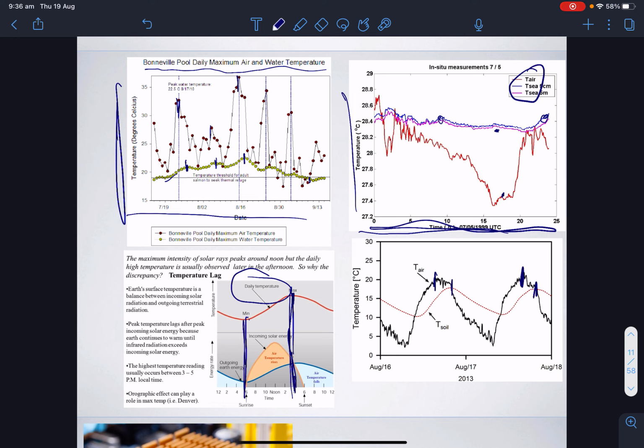Incoming solar energy, the maximum is there. What I'm trying to hint at is different materials absorb heat at different rates. And so the hottest part of the air may take time to heat up other materials, depending how good a conductor that is and a good absorber that land is, or something like that.